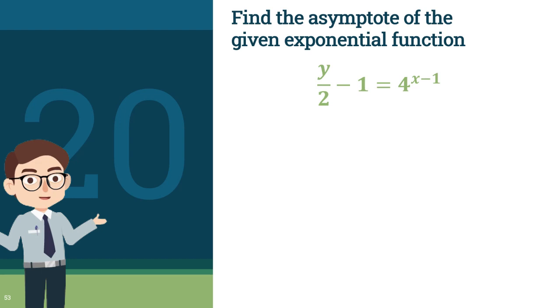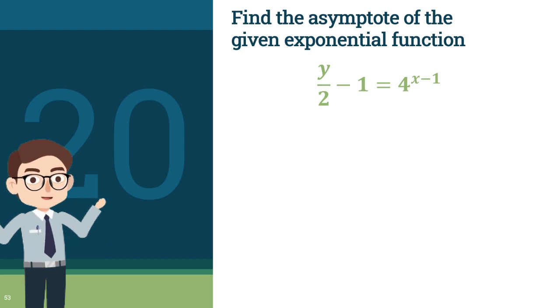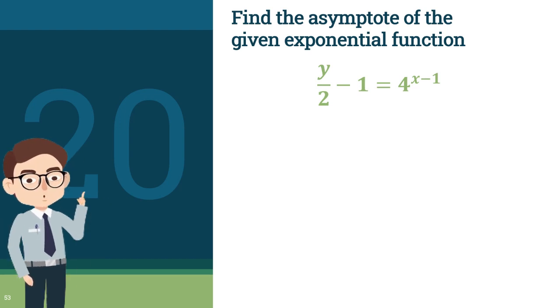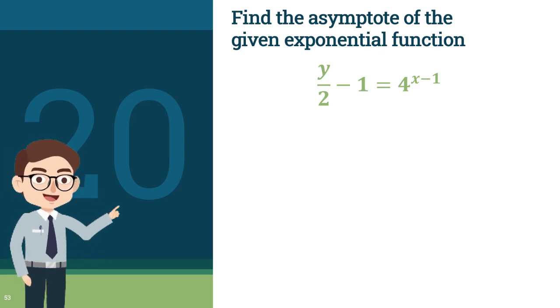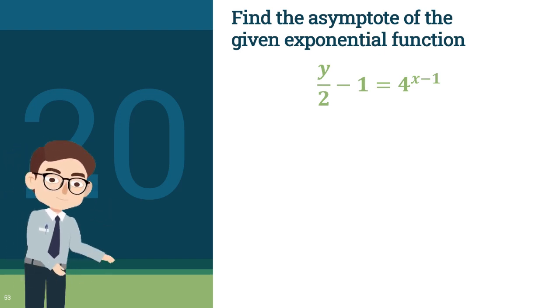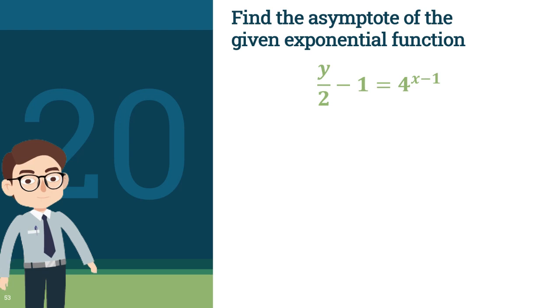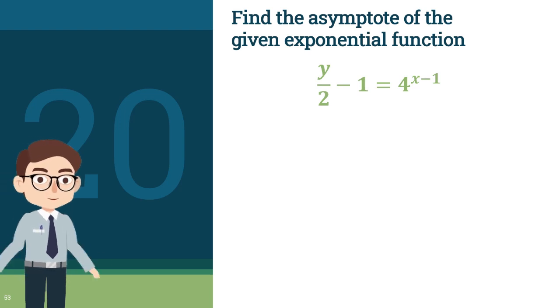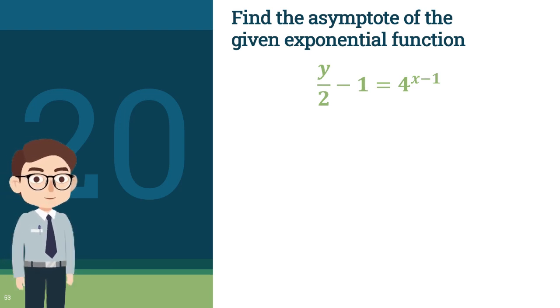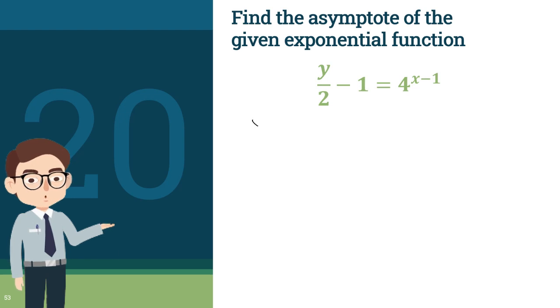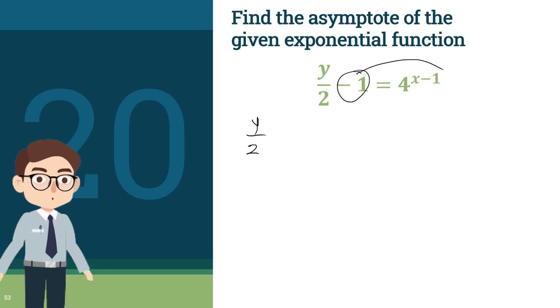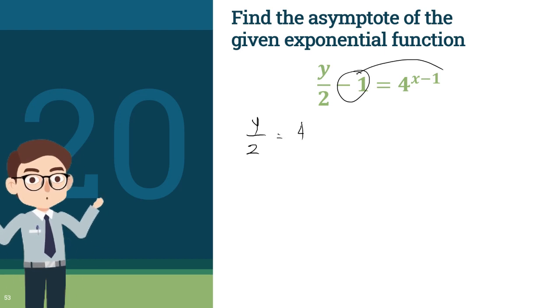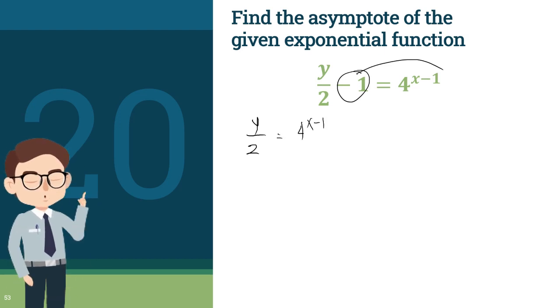Another, find the asymptote of the given exponential function, that is y over 2 minus 1 is equal to 4 raised to x minus 1. First, we will simplify the given function. Y over 2, transpose negative 1 to the other side of the equation, that is 4 raised to x minus 1, plus 1.